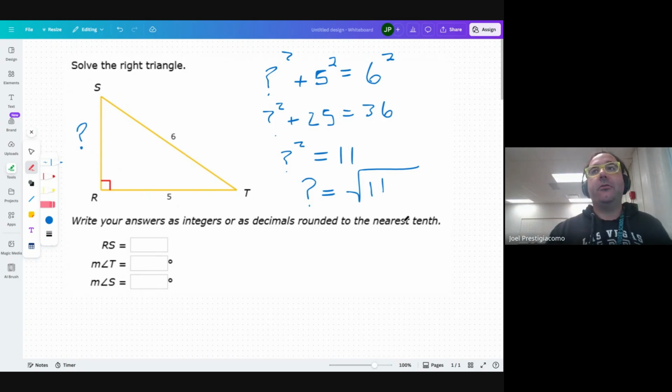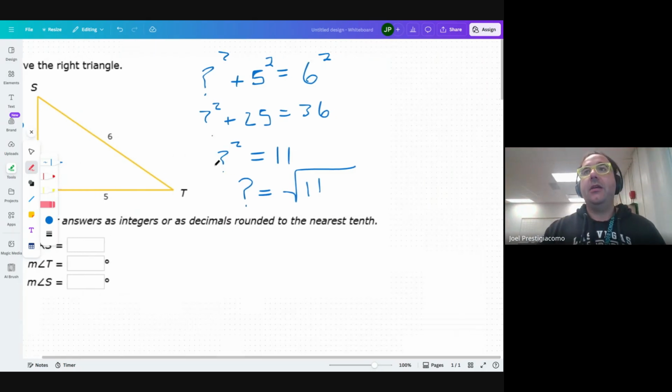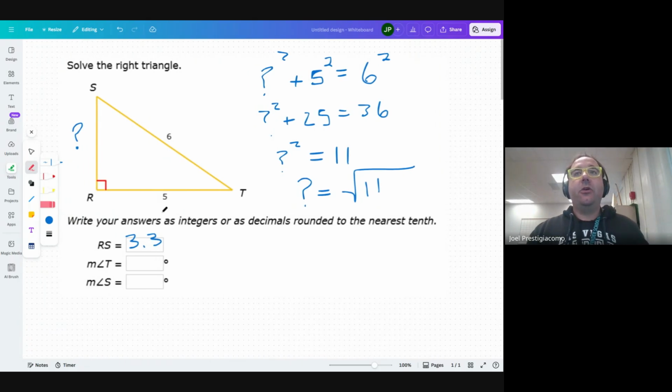Now, it's asking us to round to the nearest tenth. So we're going to need our calculator here. We'll do the square root of 11, and we should get about 3.3 for our side length. Okay, that is a totally accurate answer. I'm going to kind of undo that, and we'll say that that's 3.3.